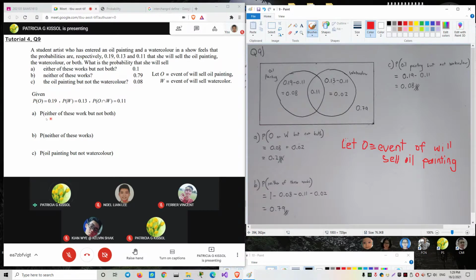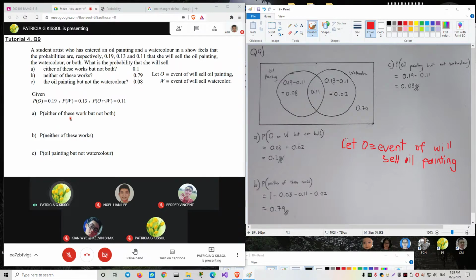Now, the first question: either of these works, but not both. So we're not going to consider selling both oil painting and watercolor. We want to find the probability that she will sell either of the works, either the oil painting or the watercolor.